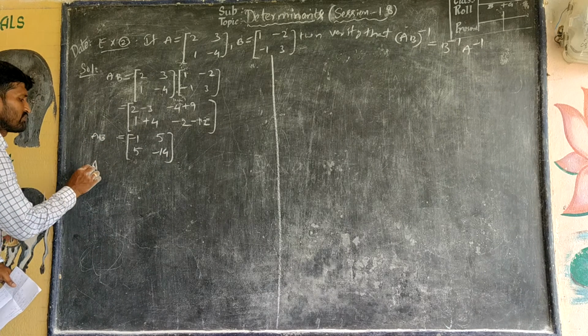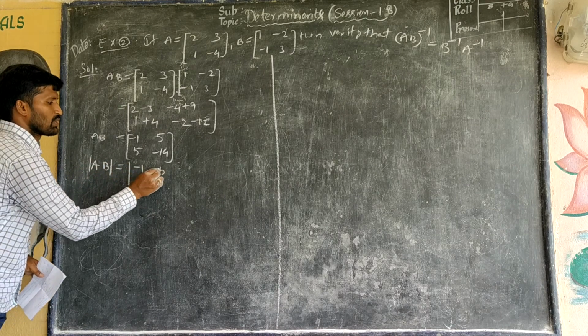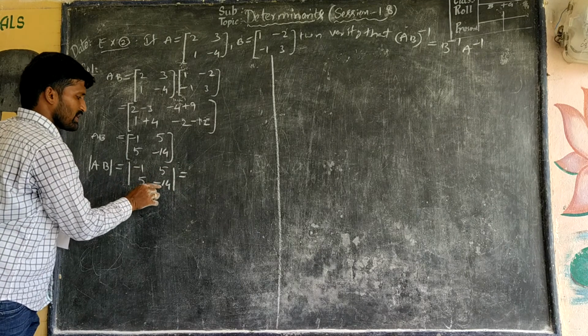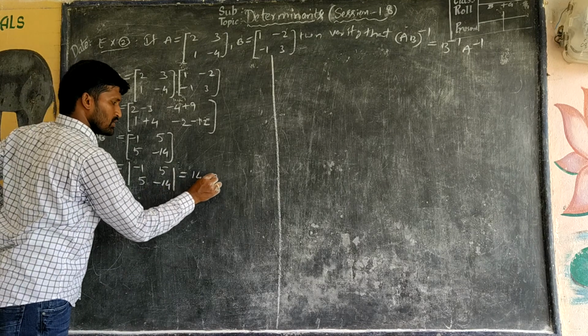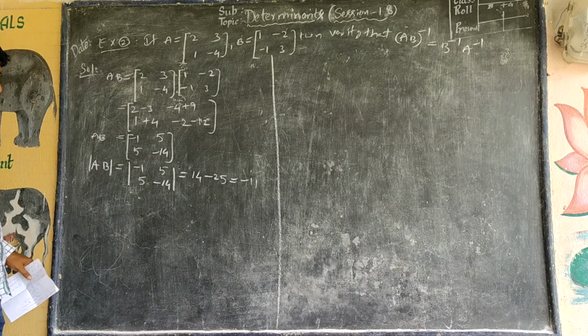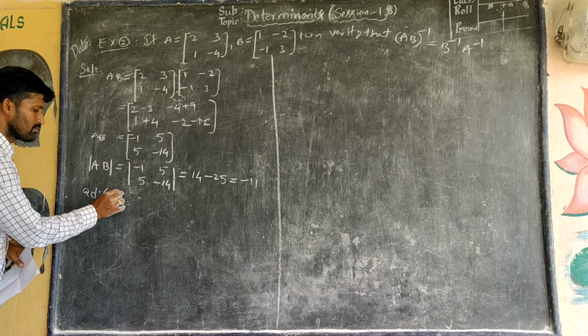Now, find the det of this AB matrix. Det of AB, det of [-1, 5; 5, -14]. Minus 1 into minus 14, that is plus 14, minus 5 fives are 25. So, total how much do we get? Minus 11. Next, find the adjoint of AB.